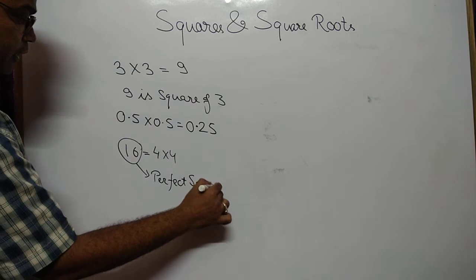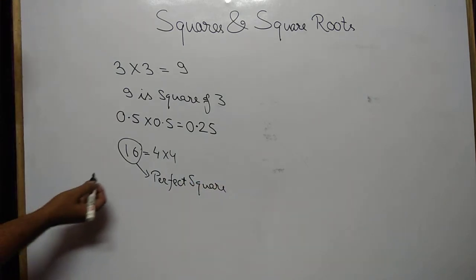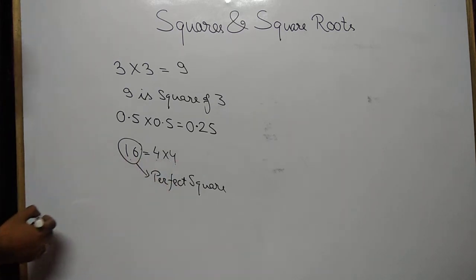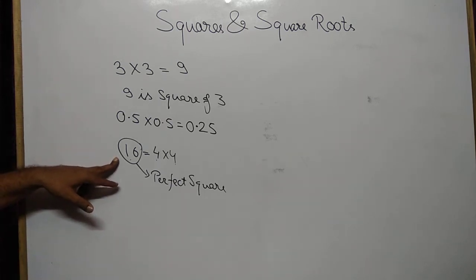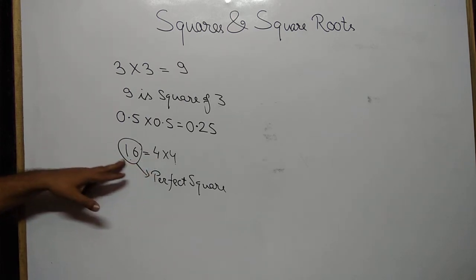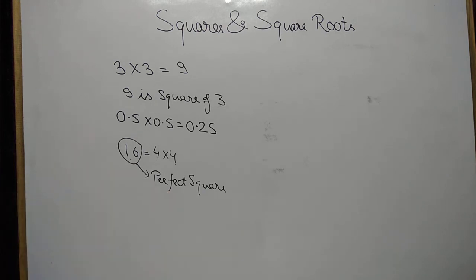Hope this one is clear to you: 4 and 16 are natural numbers. So any natural number which is the square of any other natural number is known as a perfect square of the given number. Hope this one is clear to you.